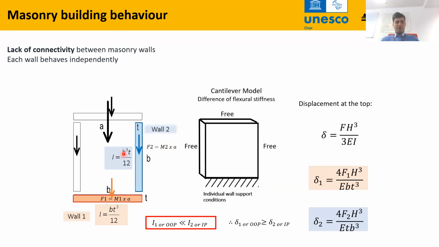This is clarified with the help of the moment of inertia. If you see here, B is much larger than T. Therefore, this I for in-plane action is a much larger value compared to the I for the wall acting in the out-of-plane direction. So this I differs significantly for in-plane and out-of-plane action. Therefore, if we assume this is a cantilever wall, then the deflection for the wall acting in the out-of-plane direction is much higher than in the in-plane direction, therefore higher vulnerability to lateral damage.